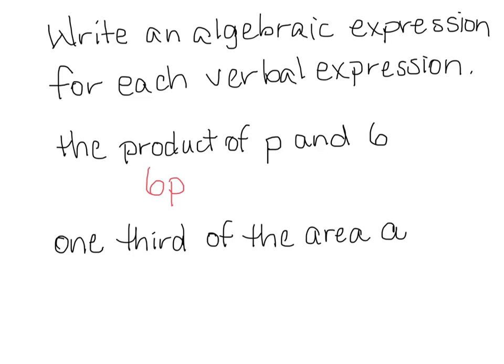Now remember, just a few minutes ago, we looked at some examples of ways to write multiplication. Make sure you didn't use an x here. You also could have said p times 6. You could have said it p with the 6 in parentheses next to it.